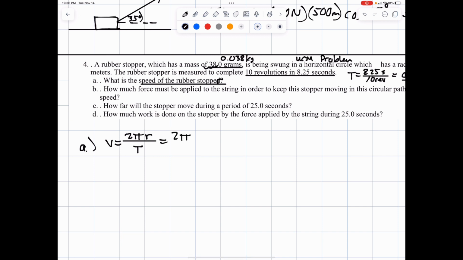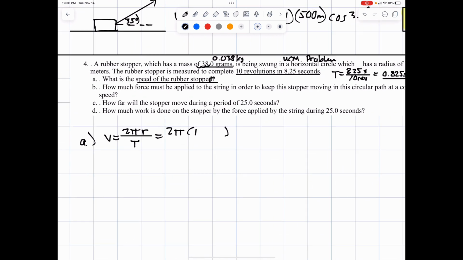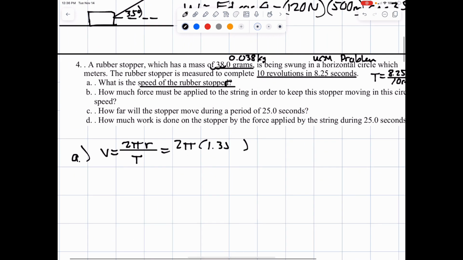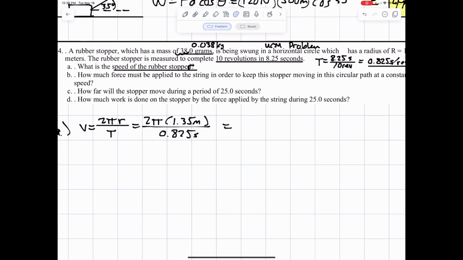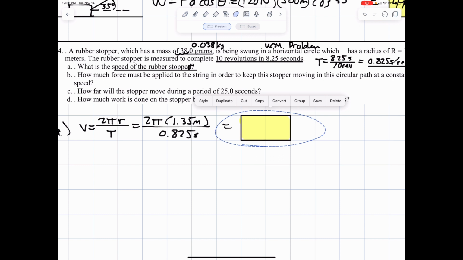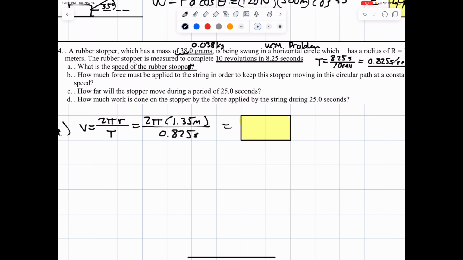So we're going to go 2 pi times the radius, which was 1.35, divided by 0.825 seconds. Please take a moment to plug that in your calculator. We should have gotten a little over 10 meters per second.